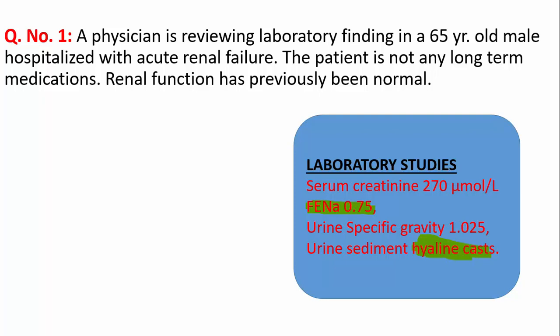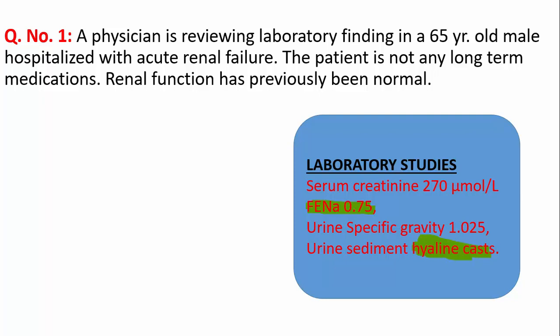And when there is intrinsic renal injury, the kidney has less ability to reabsorb sodium because all the function will be disturbed. In that case, the FENA will be more than 1 because the kidney will fail to reabsorb the sodium and it will appear more in urine.